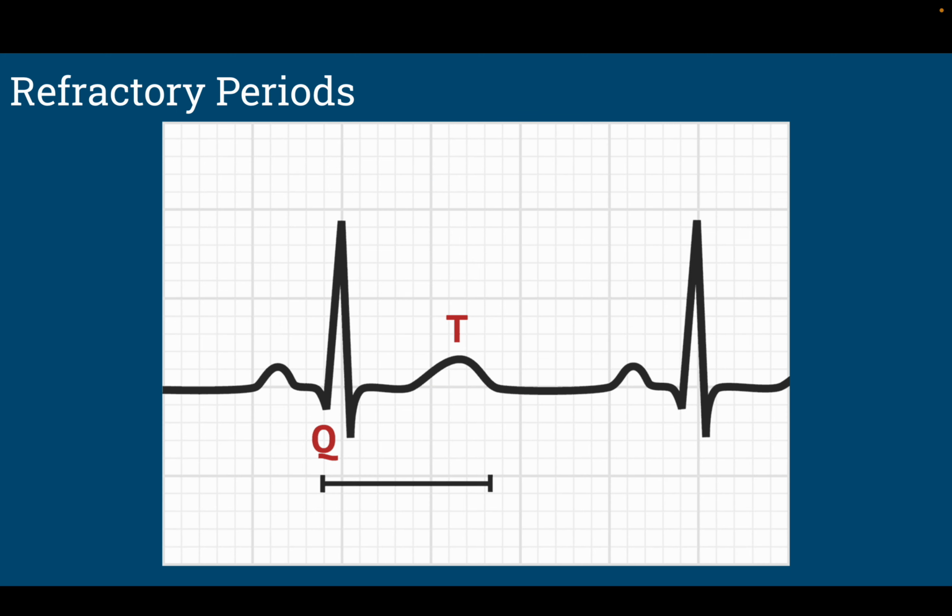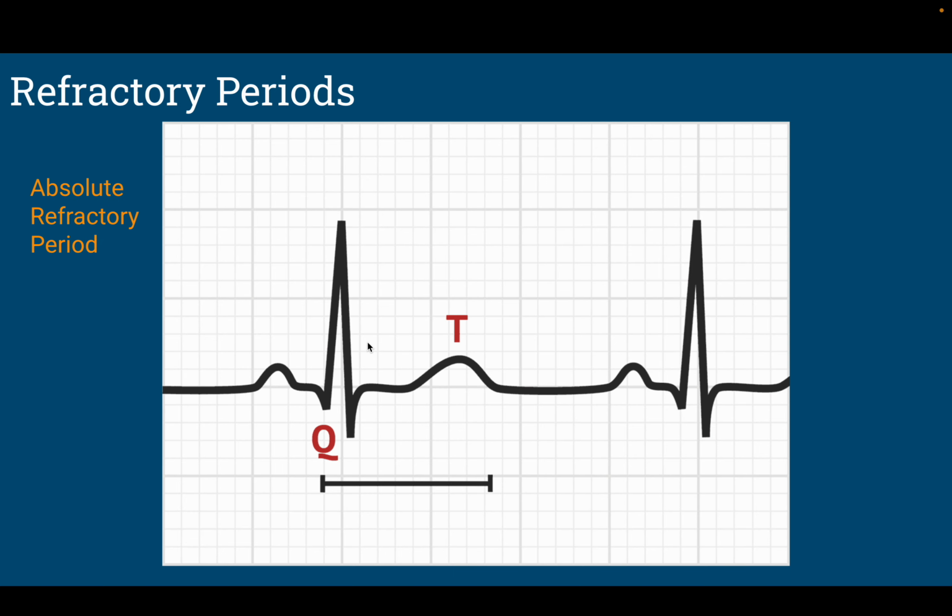So we're going to talk a little bit about refractory periods. Remember that sodium, calcium, and potassium are the major players for depolarization and repolarization, where sodium and calcium drive depolarization and potassium drives repolarization. But for all this to start, there needs to be a stimulus that overcomes a threshold to start moving these ions around to make all of these lines happen.